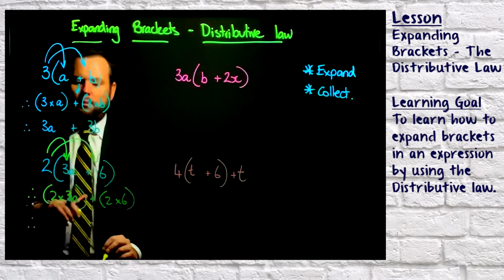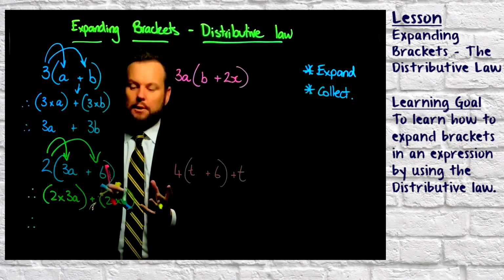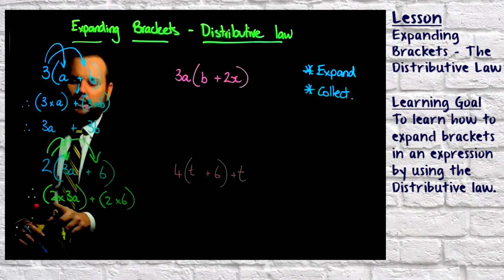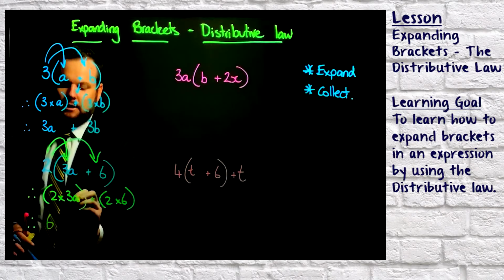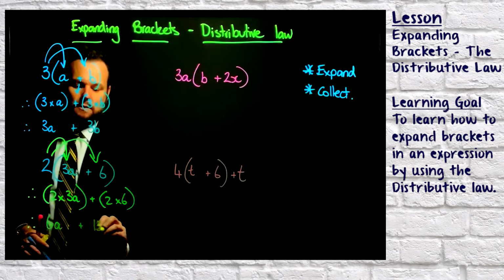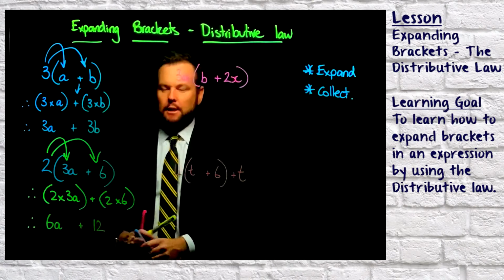So then I end up with 2 times 3. Remember, when we're multiplying terms, we just multiply the numbers and then the variables come along for the ride. So 2 times 3 is 6, and then the A stays there, plus 2 times 6, which gives me 12, okay? And that's it, that's my answer, okay?